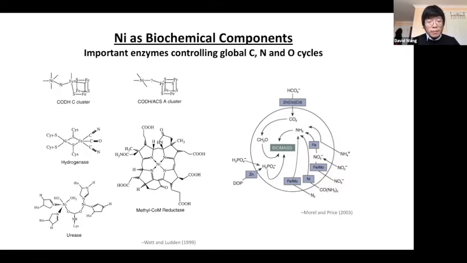And methyl coenzyme M reductase, which we call MCR: all of the biologically generated methane derives from the catalytic activity of this MCR enzyme, which catalyzes the last step in methanogenesis. So overall, nickel plays an important role in controlling the global carbon, nitrogen, and oxygen cycles.